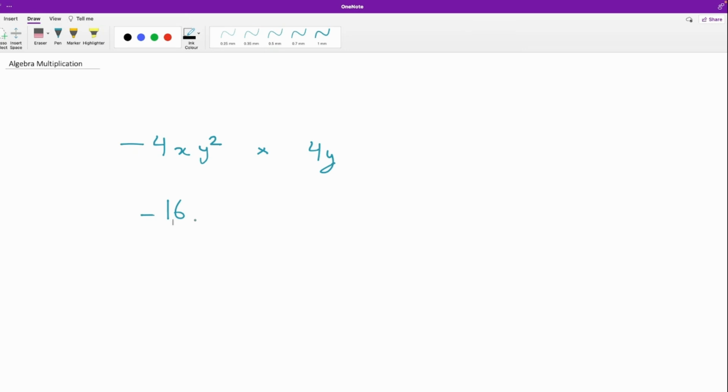So we're going to change that power to a power of 3. So in result, we would get x, y to the power of 3. And the reason is, you can imagine this y squared and this y, because they are like pronumerals, there's going to be an addition in the power.